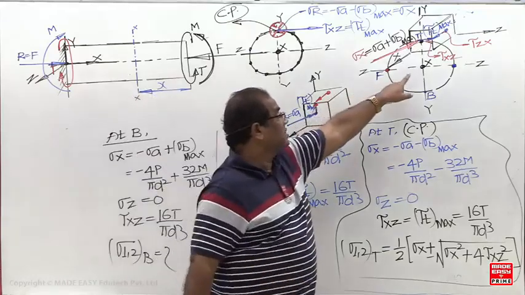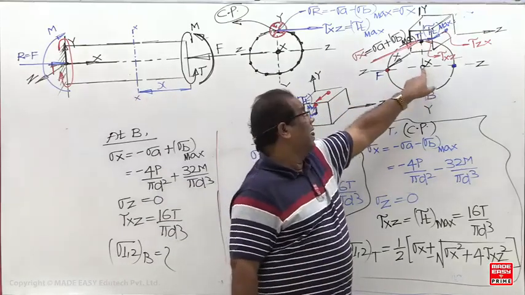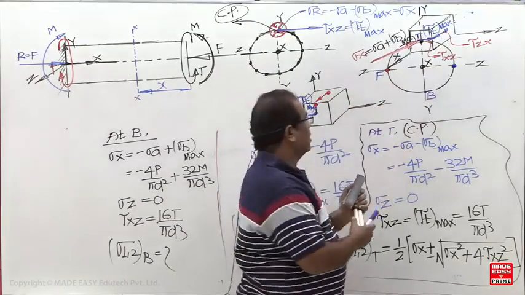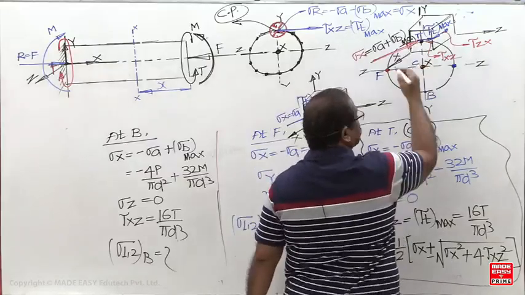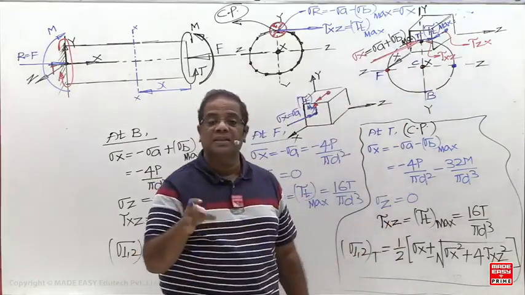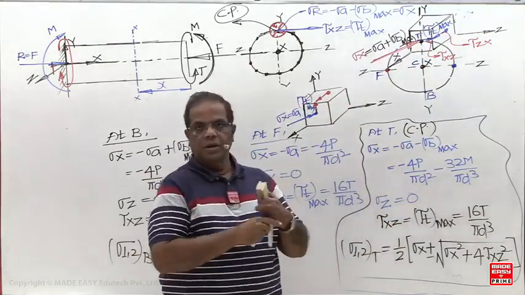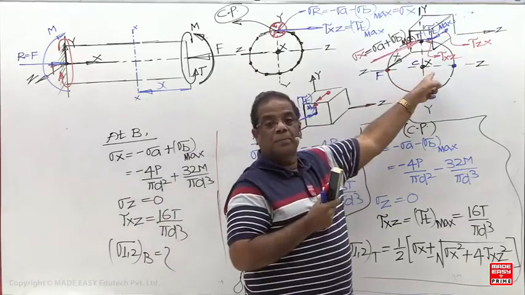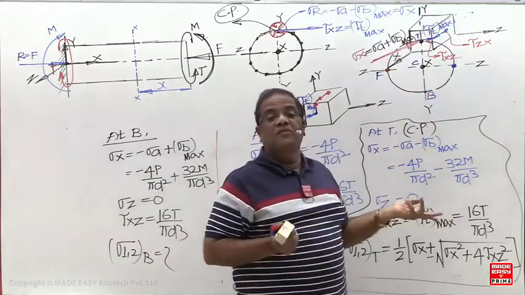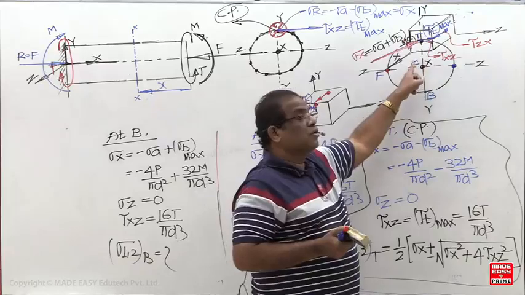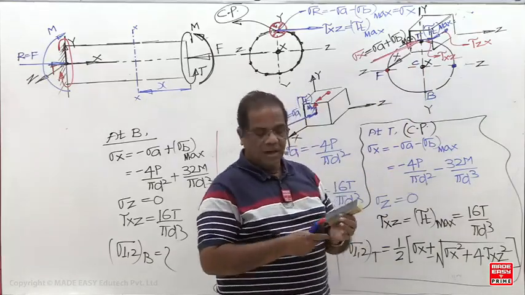If you ask at the centroid, what is the state of stress? At the centroid, bending stress is 0 and torsional shear is 0. Only axial stress is there, so you are going to get a uniaxial state of stress.